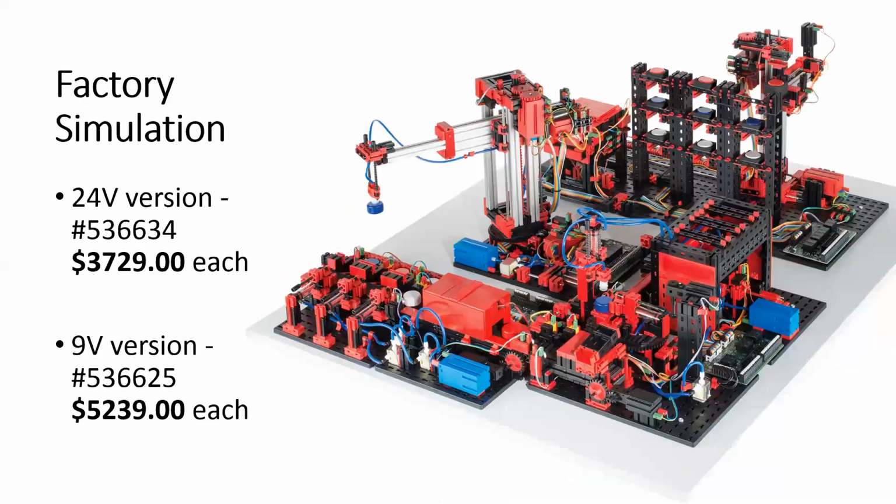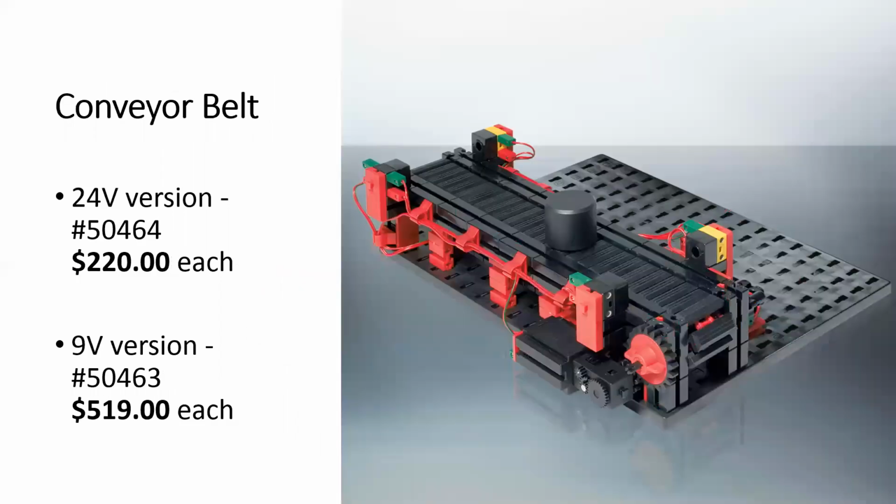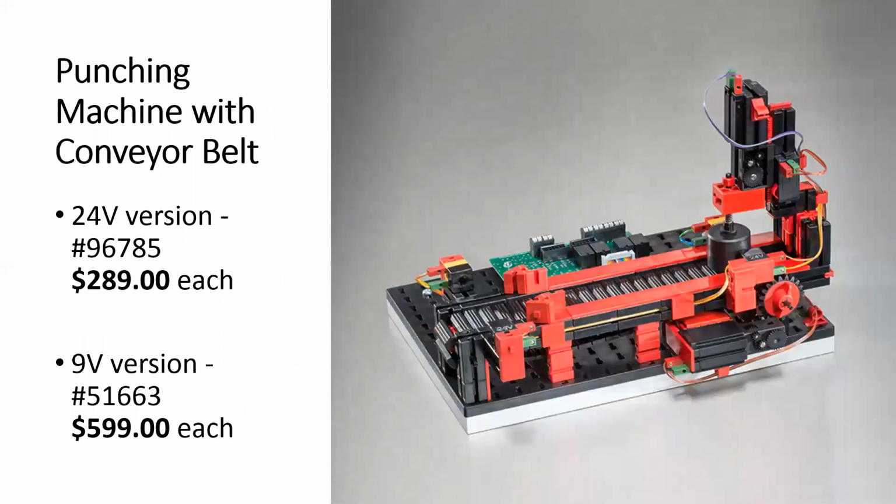$1,129 each. The factory simulation in the 24-volt version, $3,729 each. And in the 9-volt version, $5,239 each. The conveyor belt, the 24-volt version is $220 each. The 9-volt version is $519 each.